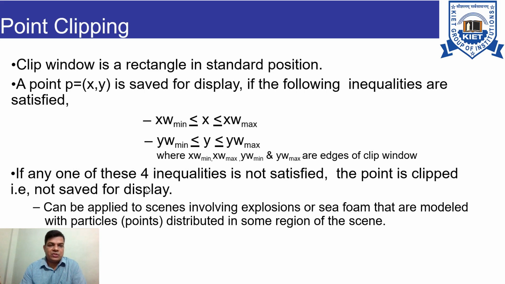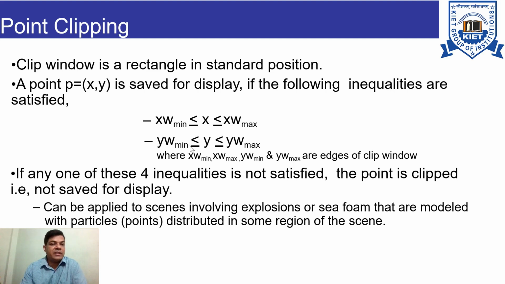If any one of these four inequalities is not satisfied, you can see that here we represent it in form of two equations, but normally there are four inequalities. First is the value of x is greater than equals to xw minimum. Second is the value of x is less than equals to xw maximum.